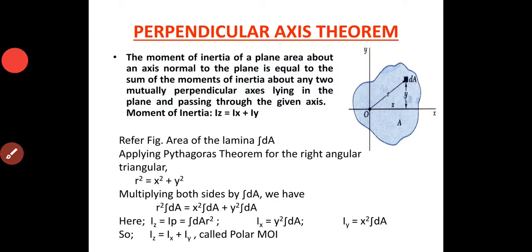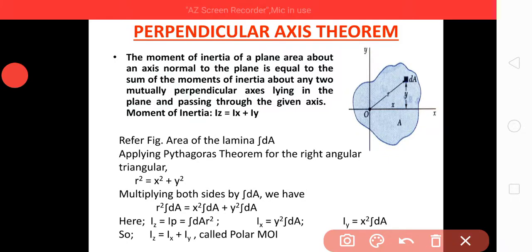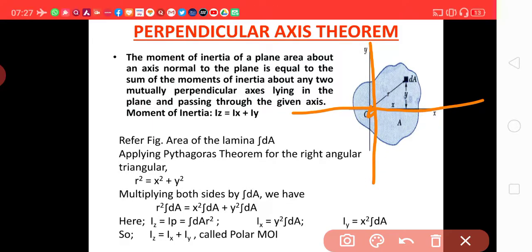Perpendicular axis form. Concentrate here. This is the one axis, this is the other axis, and this will be the axis perpendicular to the plane of paper.